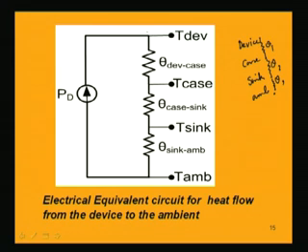And what is this power flow producing? It is the temperature difference. So, as the current flow causes the potential difference between these two points having these resistances, similarly the power flow from the transistor to the ambient air is causing the difference in the temperature from the device to the ambient air.